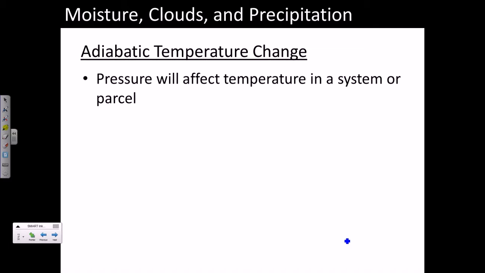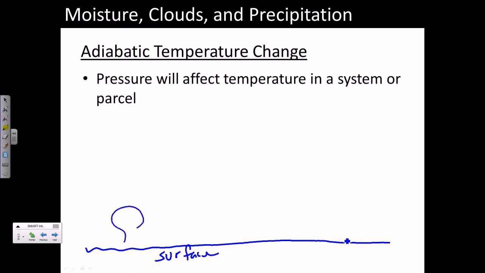And so if we start out at the Earth's surface, and I'll draw the surface down here at the bottom, and we start out with, let's say, a little balloon, and this balloon down here is at 10 degrees Celsius, sitting at an elevation of, let's say, 100 feet.